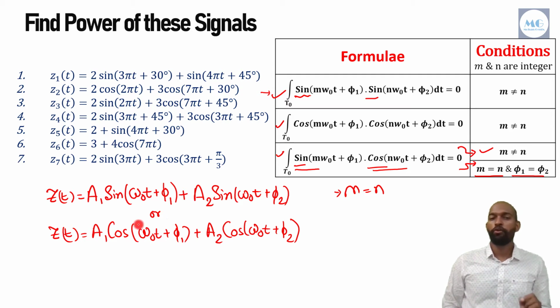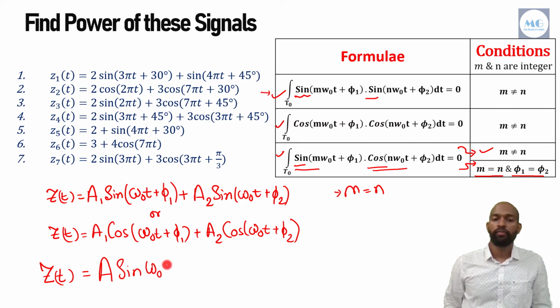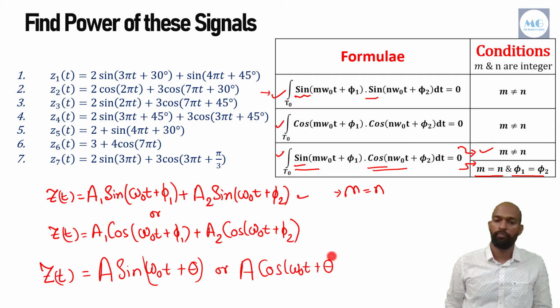For this, friends, we will just convert these functions into a standard format, that is z(t) is equal to A sine(omega naught t plus theta). In this format, for this kind of function, I can also write A cos(omega naught t plus theta).